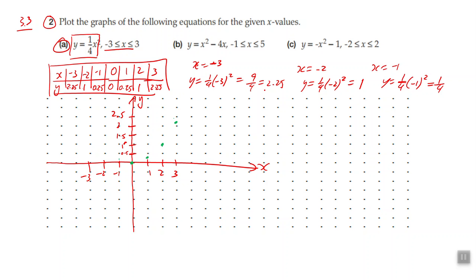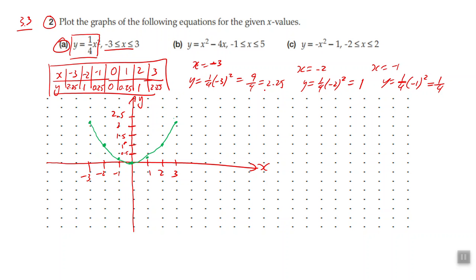So when it's -1, you get 0.25. When it's -2, you get 1. When it's -3, you get 2.25, which is here. So join the dots, and hey presto, you've got your graph.